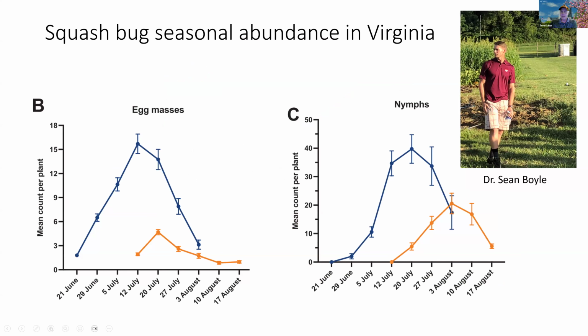So I had a student, Sean Boyle. He's Dr. Boyle now. He had worked with Don Weber at the USDA until most recently. He did his PhD on squash bug and coming up with good pest management. One of the things he did good work on is the seasonal biology of it, and this kind of shows it.